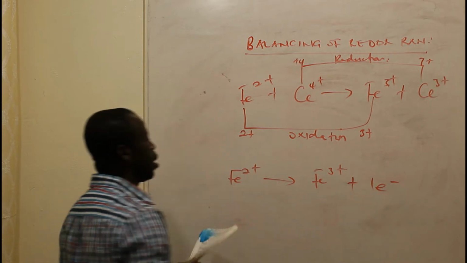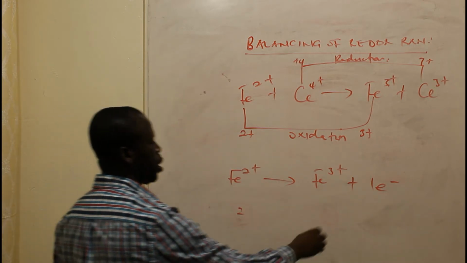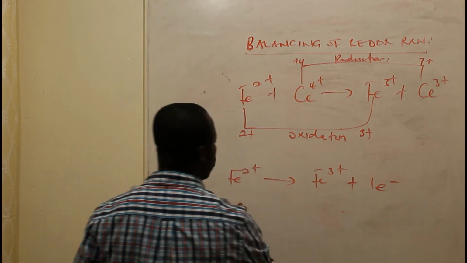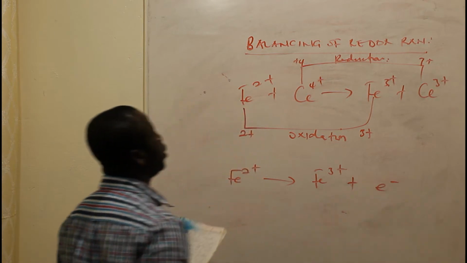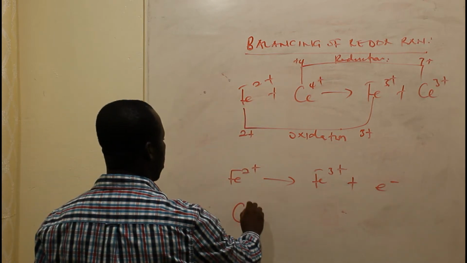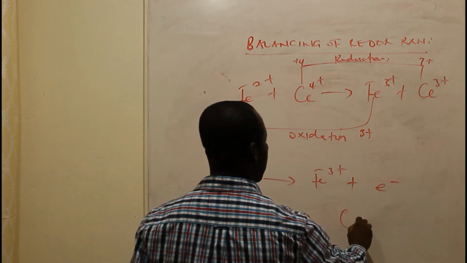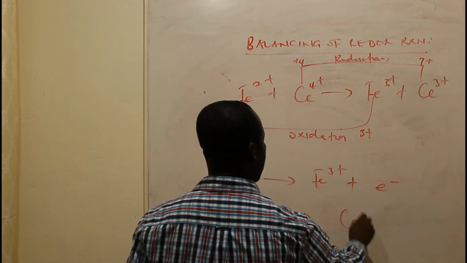So the total charge here will be 2, and the total charge here will be 2. Then we are done with the charges. Now let's come to the other one, the selenium, +4 to +3.